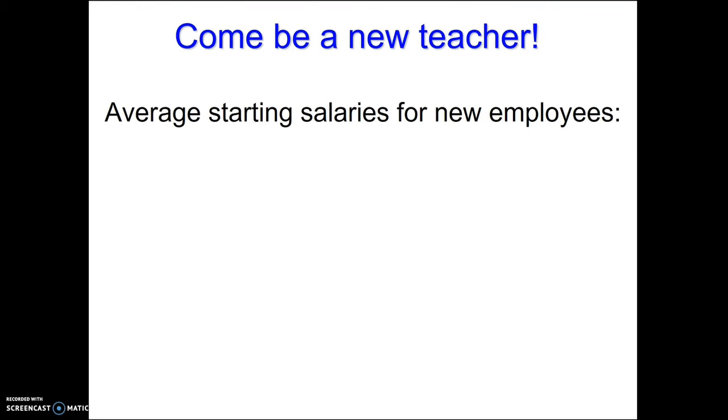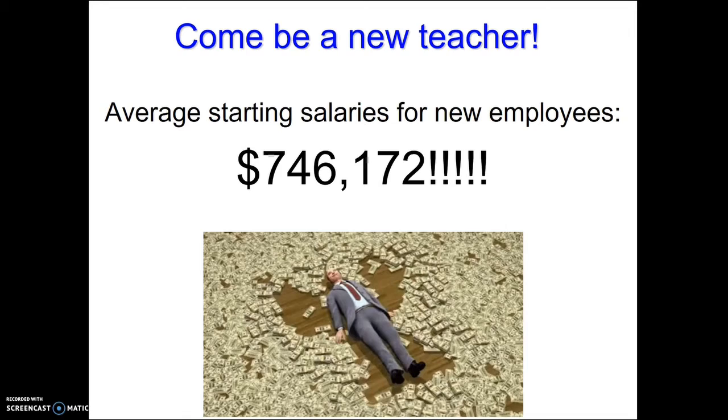So think about, if you're trying to get new teachers to come into your school district, and you put up a sign that says this: hey, your average starting salary for new employees is $746,000. That's pretty dang good. I would be in.